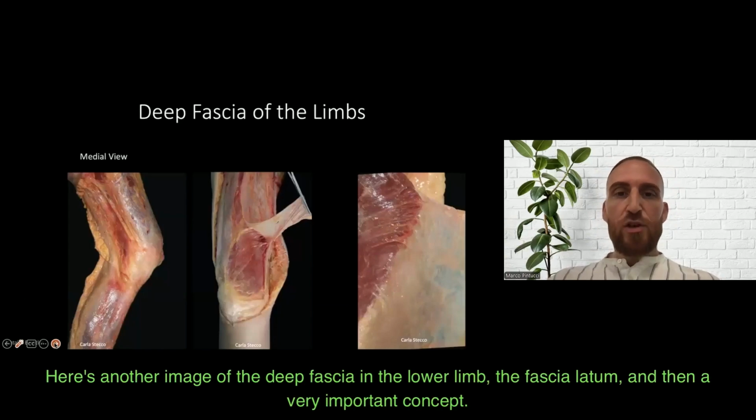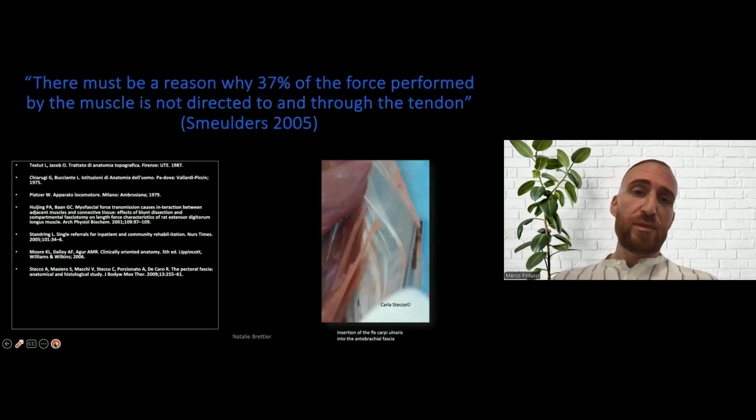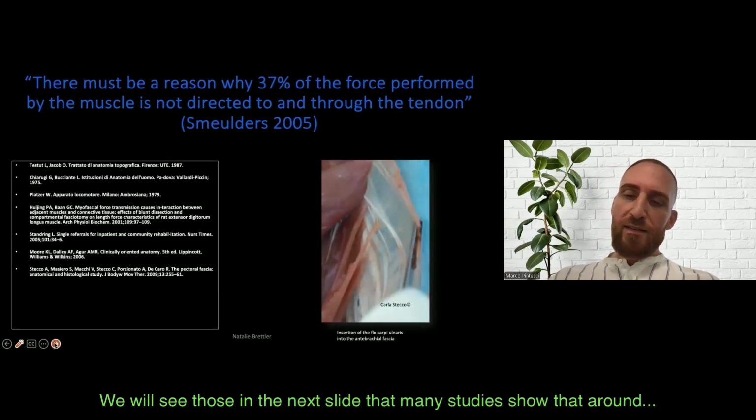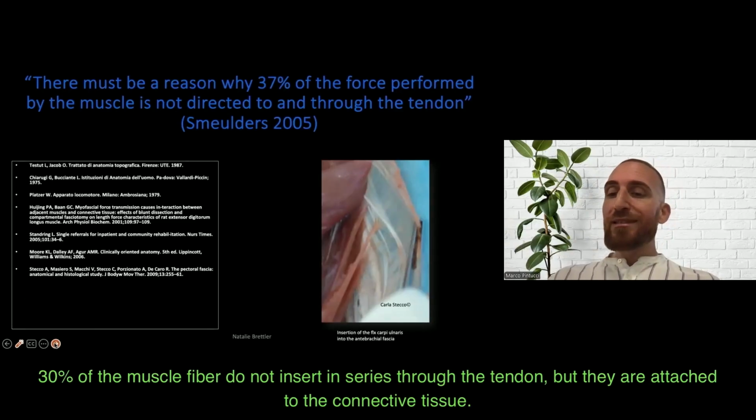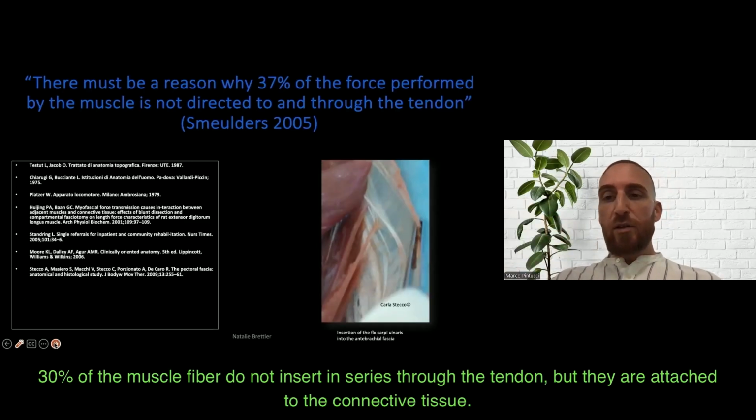Here are some other images of the deep fascia in the lower limb, the fascia lata. And then a very important concept. We will see in the next slide that many studies show that around 30% of muscle fibers do not insert through the tendon, but are attached to the connective tissue.